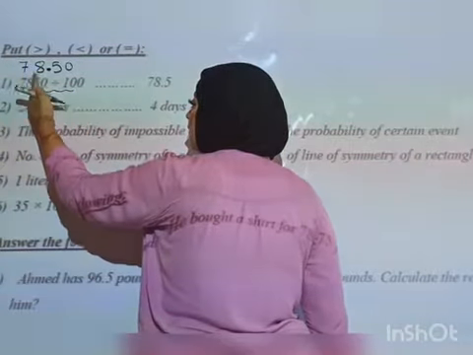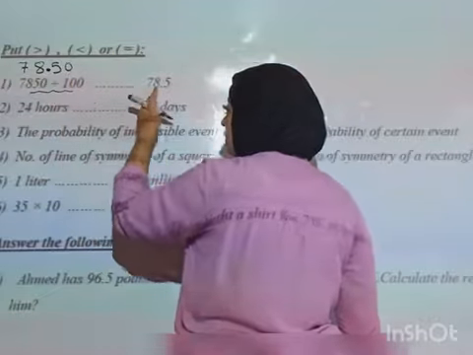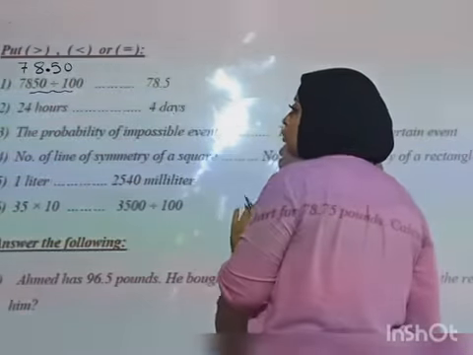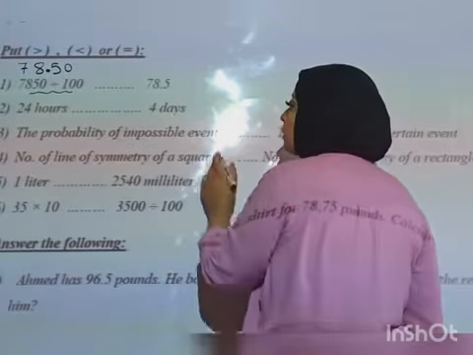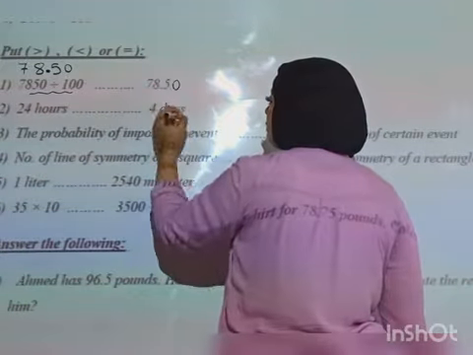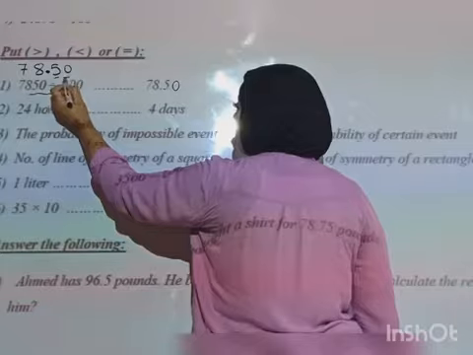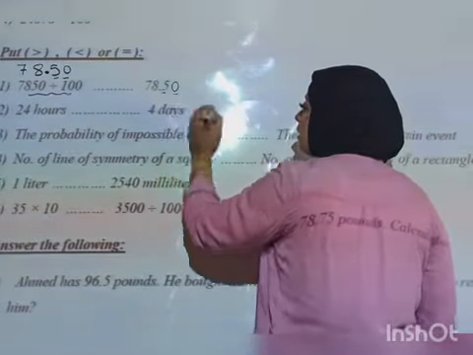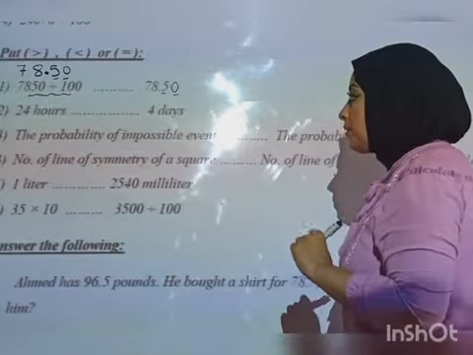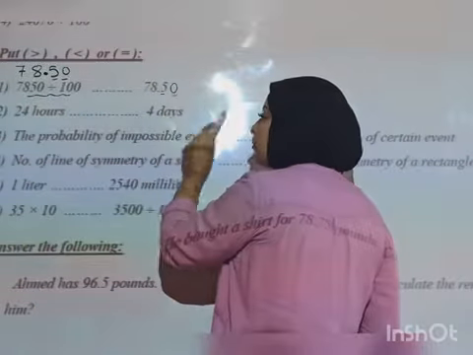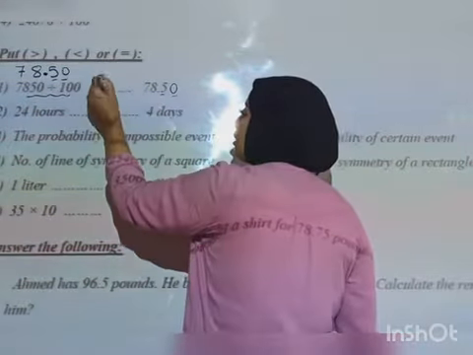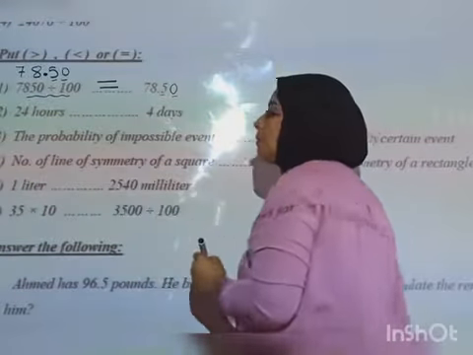Here we have 78.50 and 78.5. We should make the decimal parts equal, so we put 0 here to make here 2 decimal places and here 2 decimal places. Okay? Now we have 78.50 and 78.50. That means it will be equal.